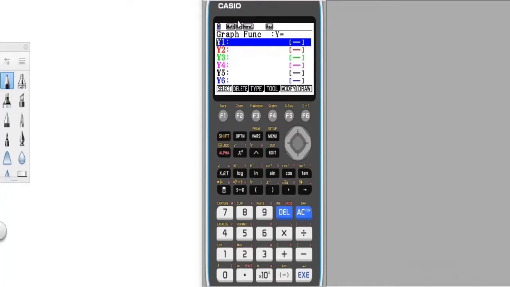Very, very important function here. This function is not accessible in the Casio fx-CG50. This is one thing that makes this calculator peculiar. I'm still planning to record a video on how to use this calculator to draw graphs. I hope to do it soon.